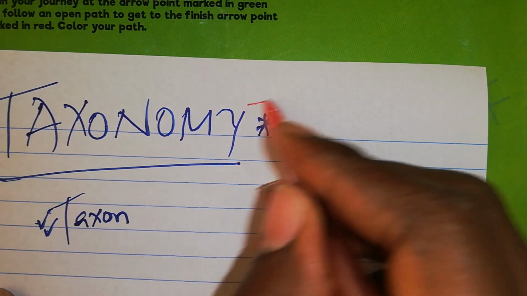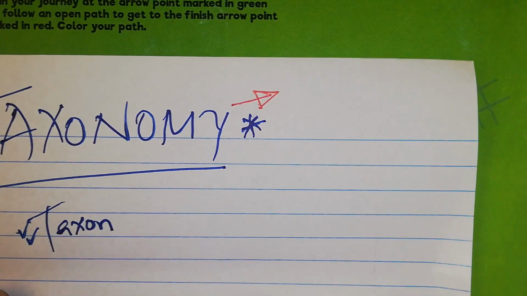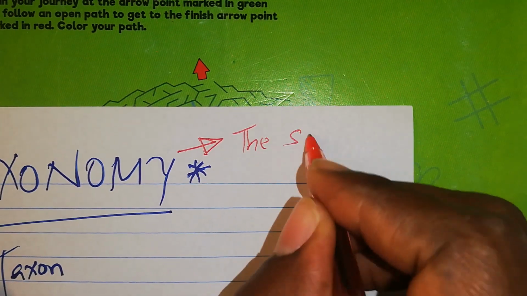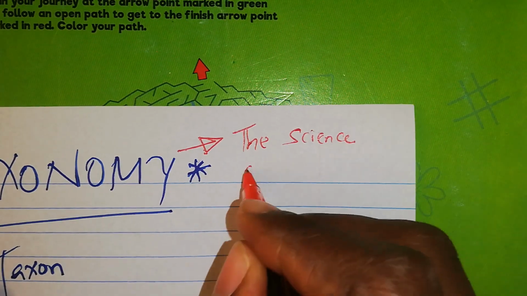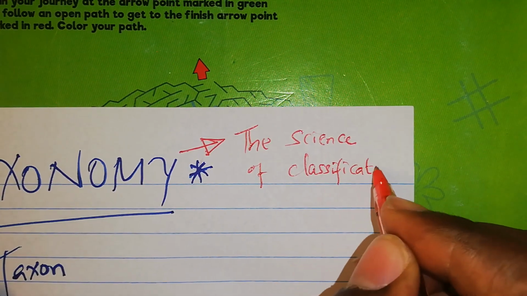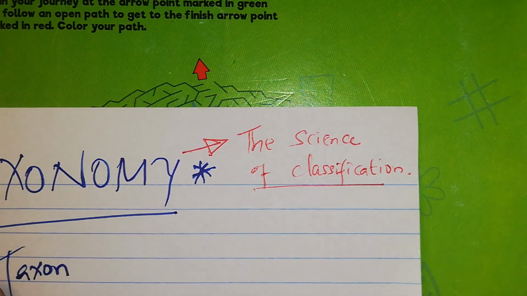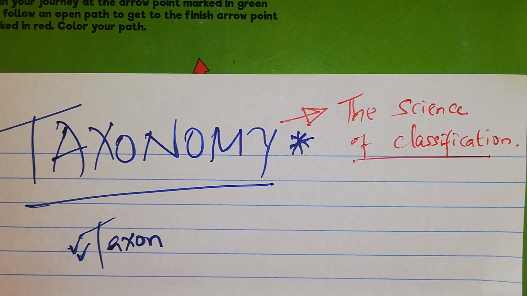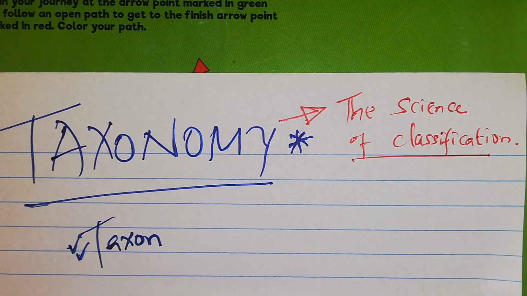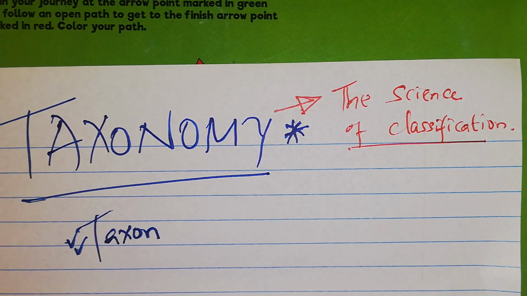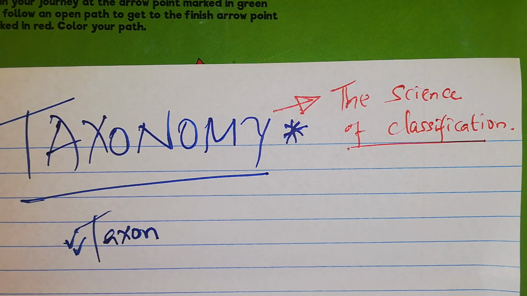From the previous lessons, we have discussed taxonomy. Taxonomy is generally the science of classification. The whole process of classifying organisms, starting from collection of the organisms from the fields all the way to taking them to the lab, sorting them out, that whole process is called taxonomy.